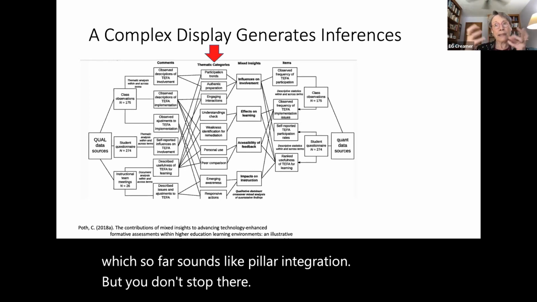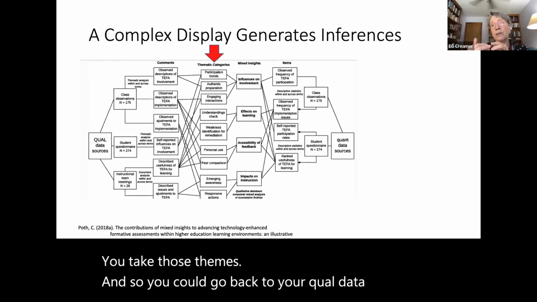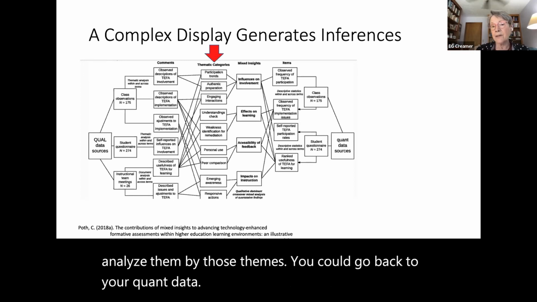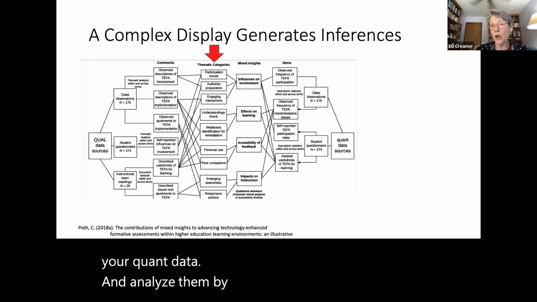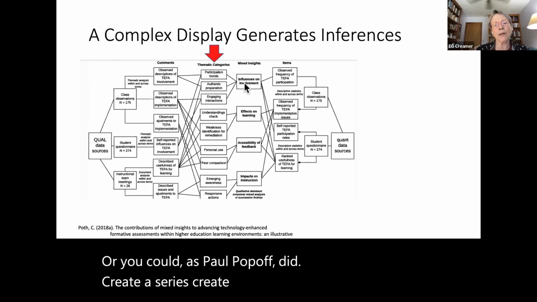You take those themes and say you could go back to your qual data and analyze them by those themes. You could go back to your quant data and analyze them by those themes. Or you could, as Pof did, create a series, create a joint display for each one of these.